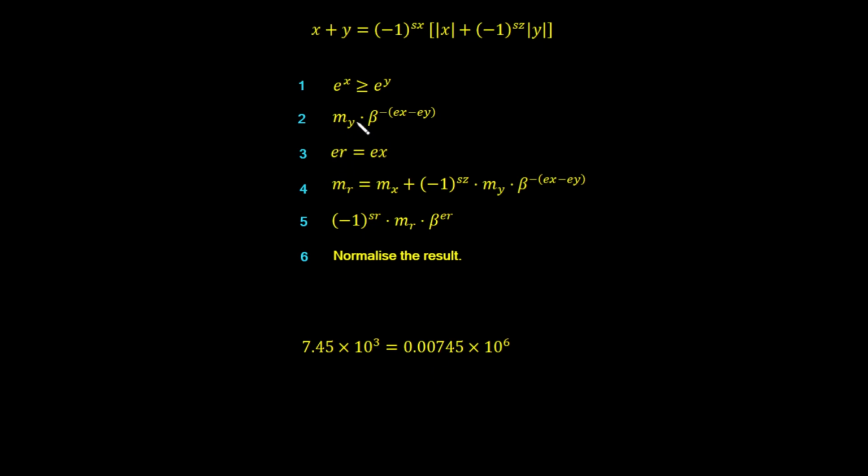So what we have here, the m_y, is just equivalent to this number here, 7.45, and the beta is the radix, and it's a value of 10. But of course in this example we're using decimal just to make it simpler for us. In floating point arithmetic, the base is obviously going to be a base of 2. So we wanted to increase this exponent from 3 to 6.